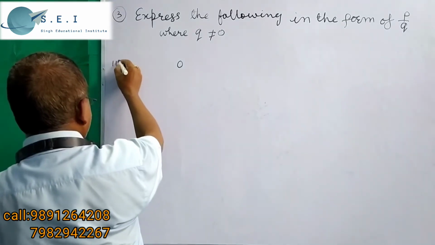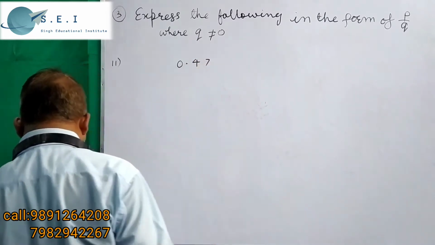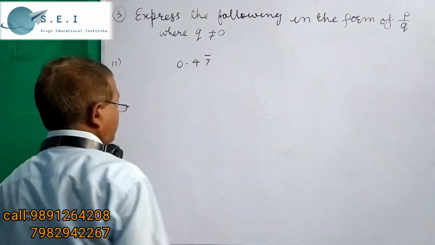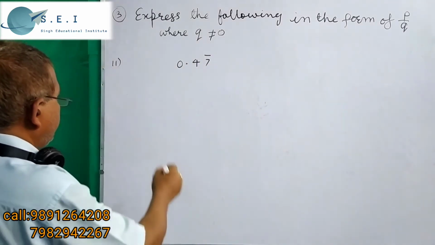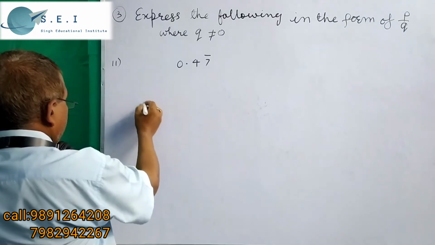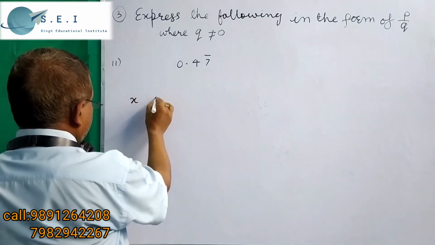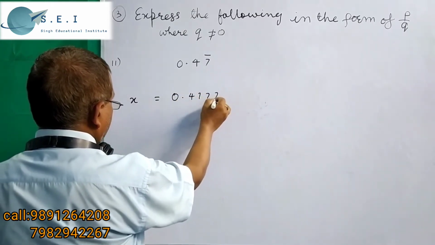The second question is 0.47 with the recurring bar on 7. It means 7 is repeated infinite times. Let us suppose 0.47 bar is x. Now this can be written as 0.4777 and so on.